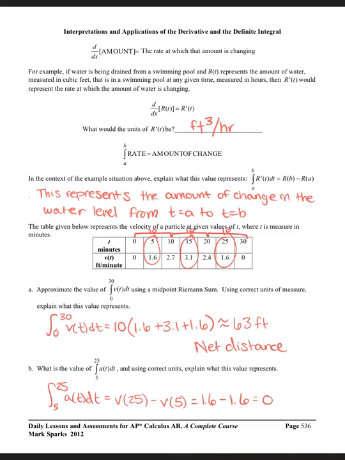So this equals 0. And if we're talking about velocity, it's feet per second. So what does this represent? If we are integrating acceleration, we have velocity. If the velocity is 0, this is the change in velocity of the particle. So if it's 0, this means that the particle is not changing velocity.